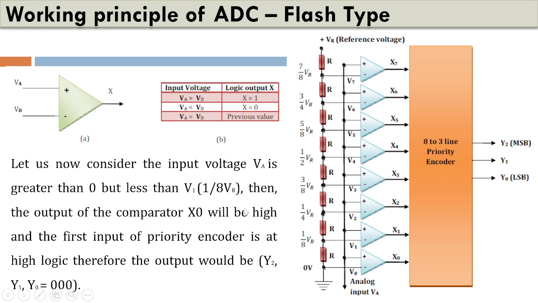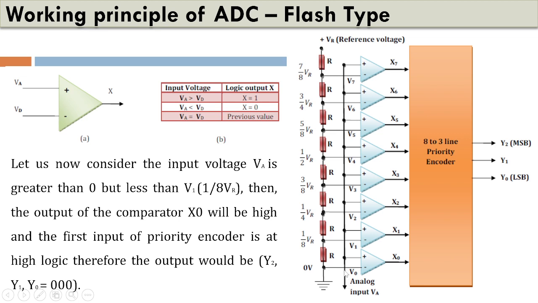Now let us try to understand a situation. Suppose the input voltage VA is greater than 0. VA, which is applied here, is connected to all the operational amplifiers. If the potential is greater than 0 but less than 1 by 8 VR, then the output of the comparator X0 will be high.